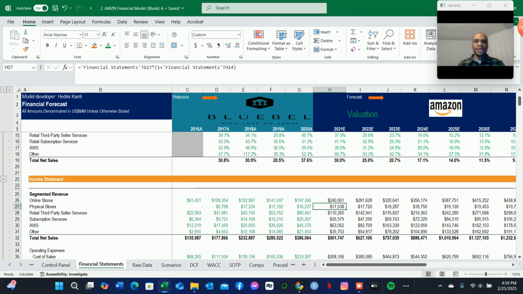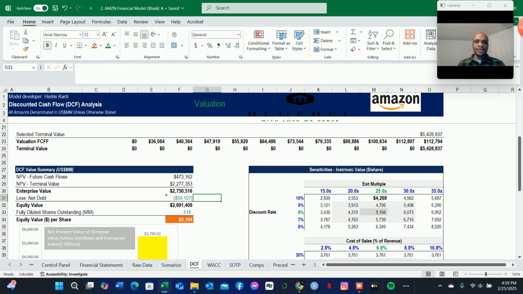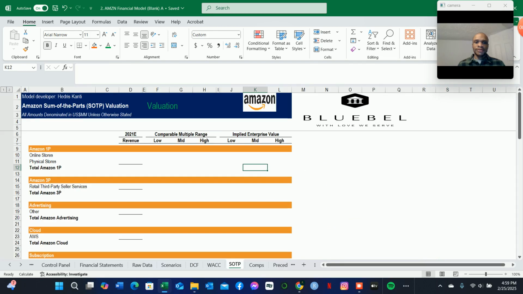So we're going to be using these online stores and physical stores as the revenue generated to account for the implied enterprise value. So the revenue in 2021 is going to be our focus.